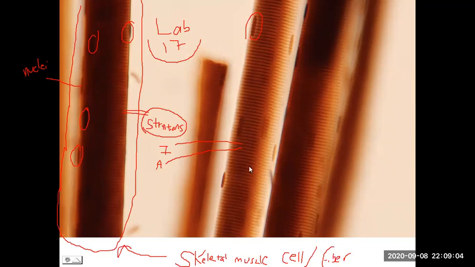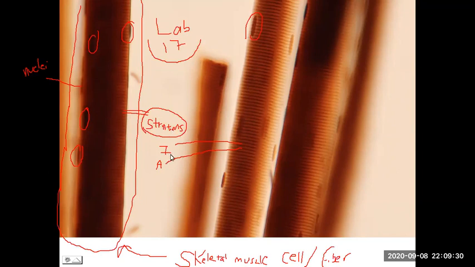So to take a look at this again, we have skeletal muscle tissue, an individual skeletal muscle fiber. It can be called a cell or fiber, indicating the length. The stripes going across the width are collectively known as striations.